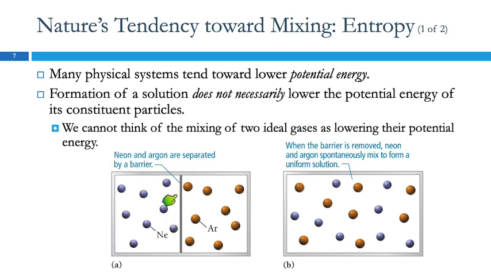If we remove this barrier, just like the fresh water and the seawater, these two gases are going to mix together and form a uniform solution. Does that lower the potential energy of the constituent particles? No, it doesn't. So then why does it do that?